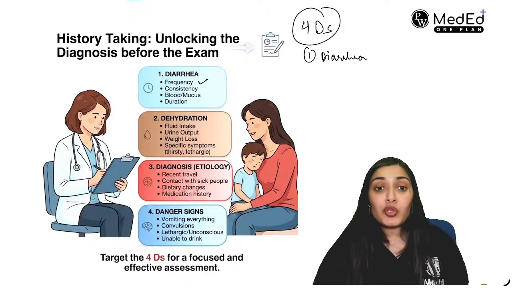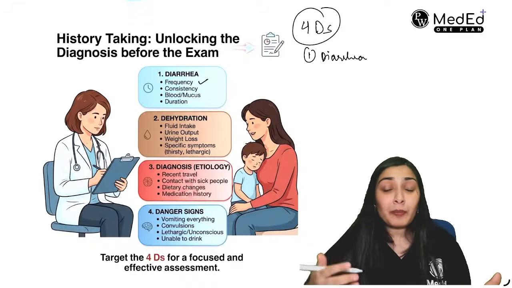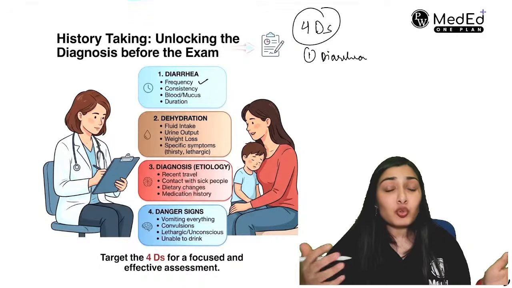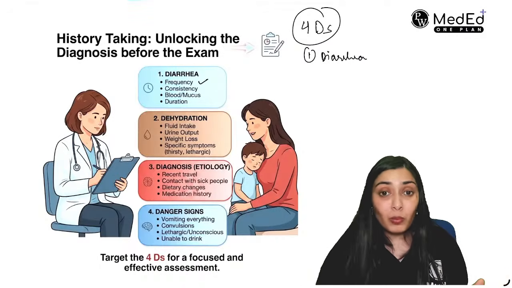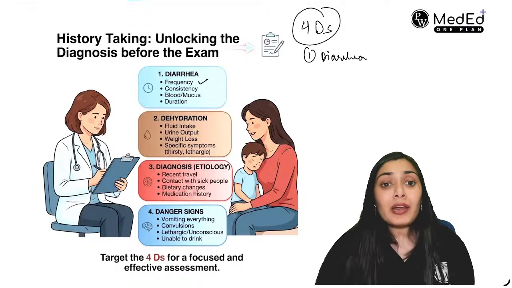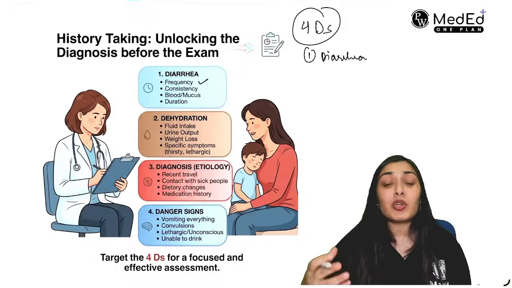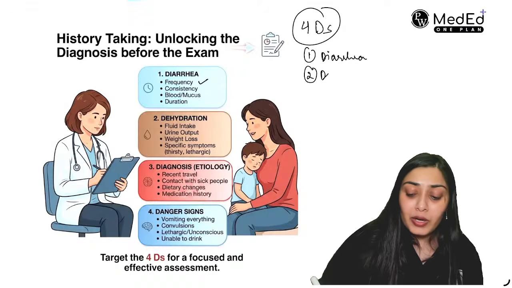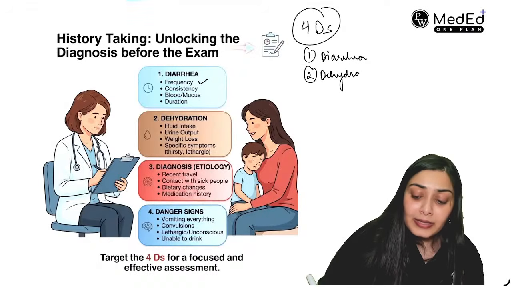Ask about the weight loss, whether obviously the parents are not weighing the baby every day. You generally ask whether you feel that the child is losing weight, whether the clothes are now ill fitting, right? And also ask about the specific symptoms, whether the child is excessively thirsty or lethargic. This is about dehydration assessment, right? These are the things that history tells you.